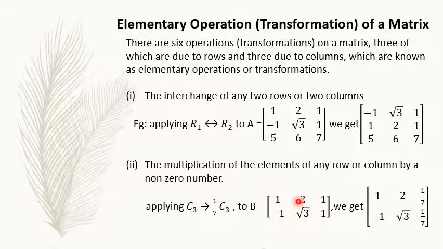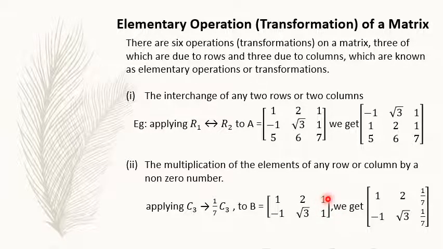This is the first column, this is the second column and this is the third column. So here there is no change for the first column or second column. We just copy the first column and second column. And we need to multiply the third column with 1/7. Multiplying with 1/7 is the same as dividing each element by 7.